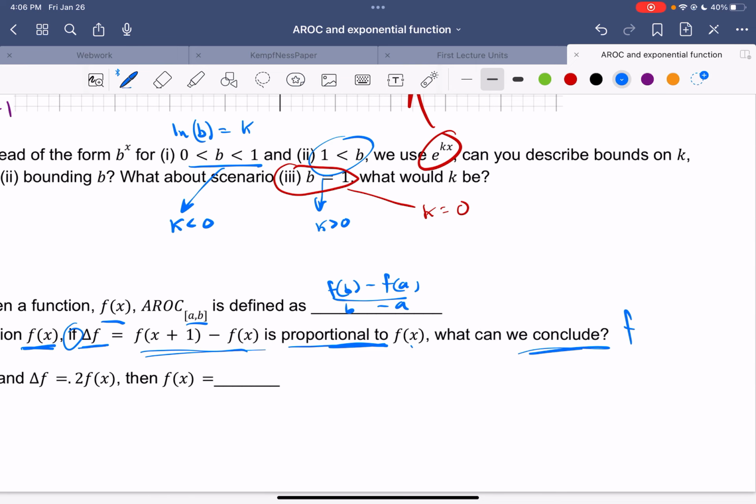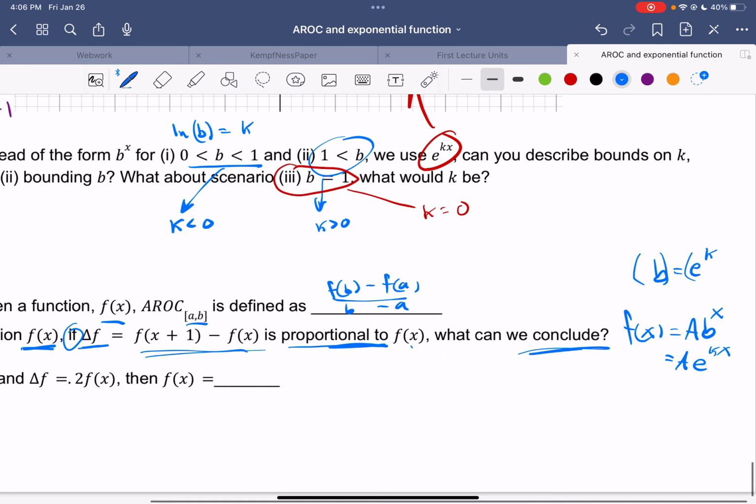We can conclude that that function is in fact an exponential function. It looks like that, or it looks like this. And the relationship between b and e to the k is that b is equal to e to the k, right? If you raise both sides to the x, then this is b to the x, and this is e to the kx. Okay, so that's all we're doing.